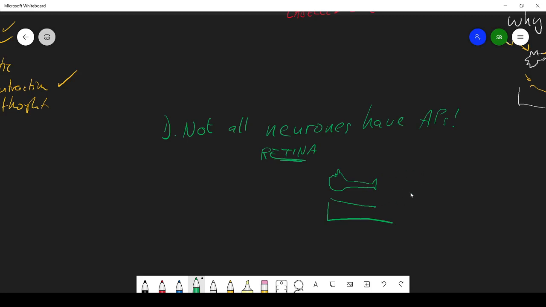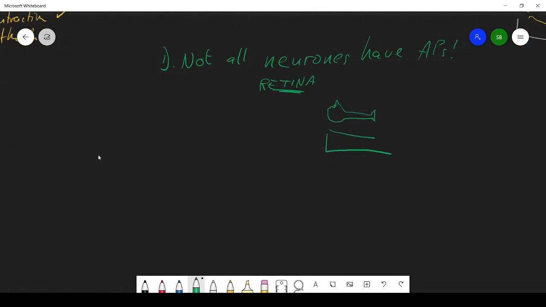So, and related to that, and we're going to call this now point 1b, every neuron also uses analog signaling. Right?